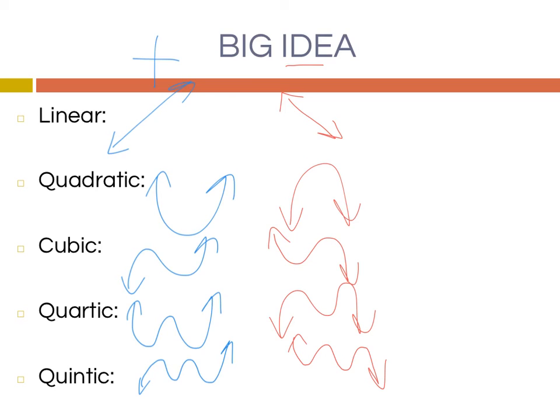Now notice how the odd ones, meaning linear, which has an exponent of 1, the cubic with an exponent of 3, and quintic with an exponent of 5, all trend in the same way. And our even powers, both going up or both going down, both ending up or both ending down. That's cool. And we're going to talk about that more with end behavior next.